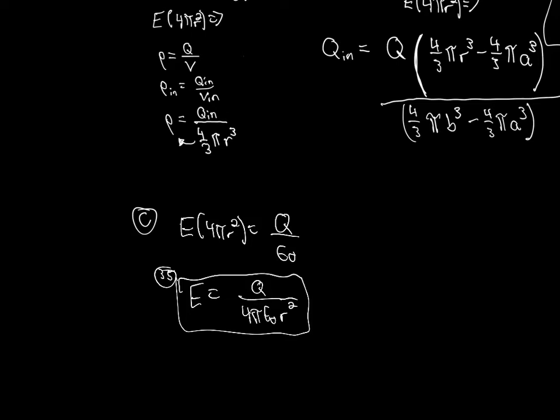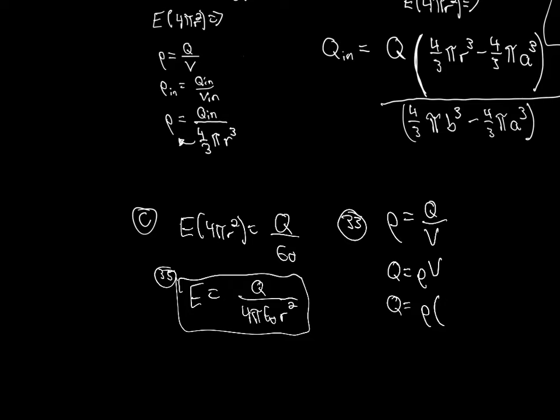And then in problem 33, can we leave our charge in terms of Q? In 33, they gave us rho, which is Q over the volume. So to find the total charge enclosed, I have to do Q equals rho times the total volume of where the charge is.